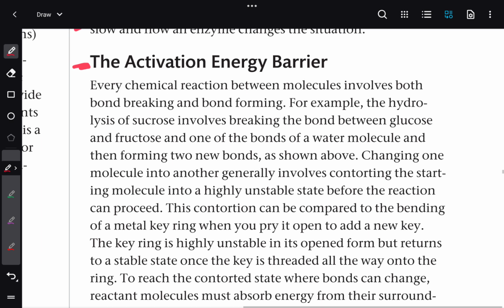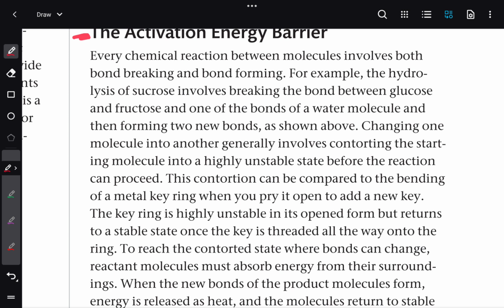Every chemical reaction between molecules involves both bond breaking and bond forming. For example, the hydrolysis of sucrose involves breaking the bond between glucose and fructose and one of the bonds of a water molecule, and then forming two new bonds, which are shown above.